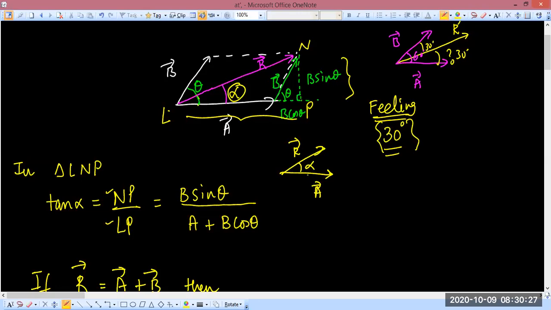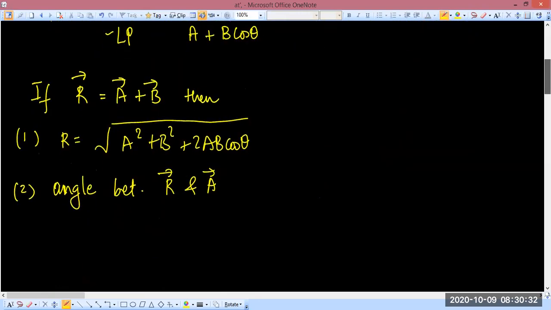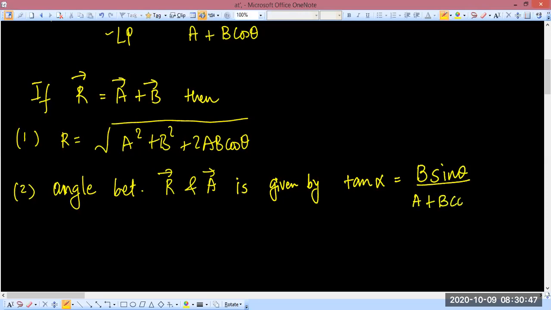So the angle between r vector and a vector is found using tan alpha is equal to b sin theta upon a plus b cos theta, right?